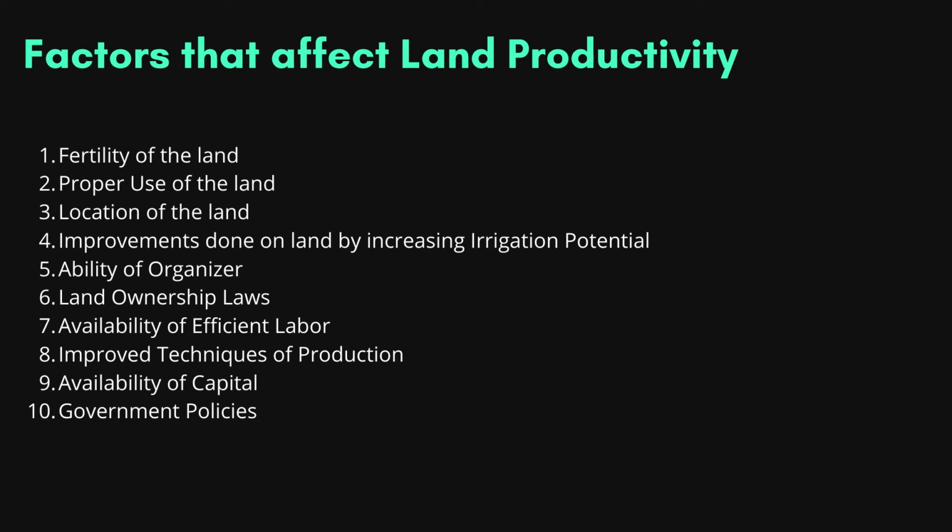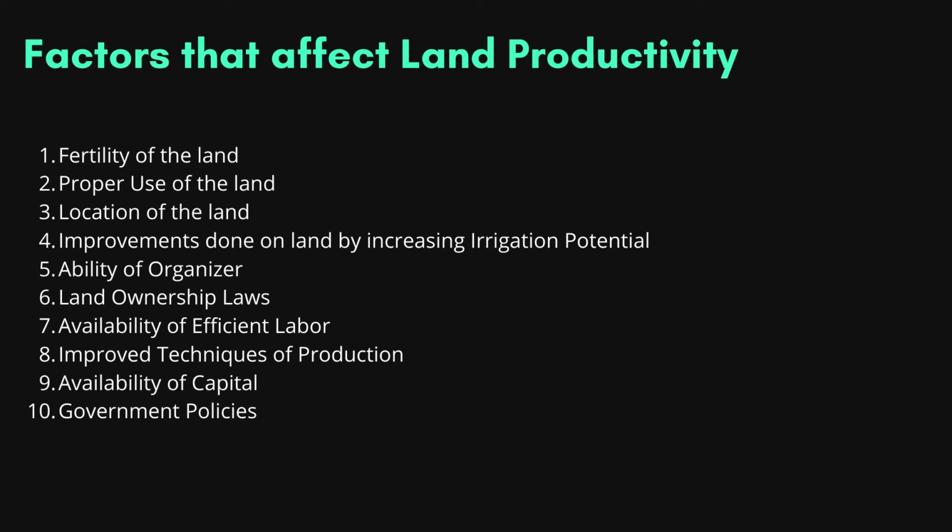So the sixth one is land ownership laws. The land ownership laws prevailing in a country have a significant influence on the productivity of the land. When full ownership is conferred, the owner takes more interest in its development. For example, a cultivator possessing full ownership rights on a land does more hard work and it will automatically improve the productivity.